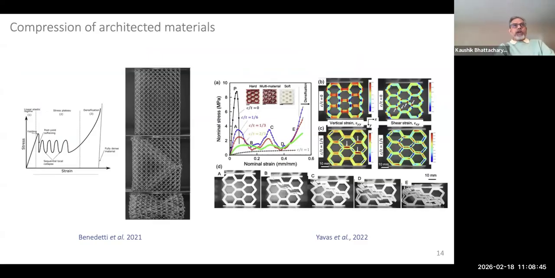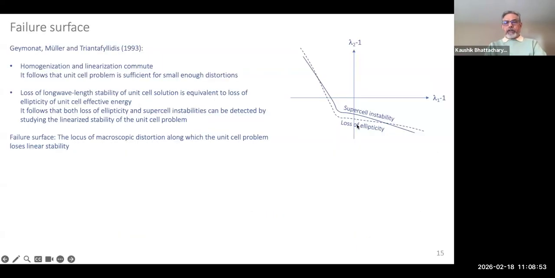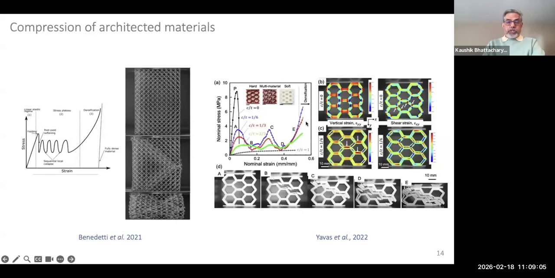So when you go away from the linear behavior, even in something like elasticity, you have homogenization for small enough loads, but you do not have a homogenization behavior for large loads. And you have to be very aware of this. And in fact, you can also think of this as an engineering opportunity.